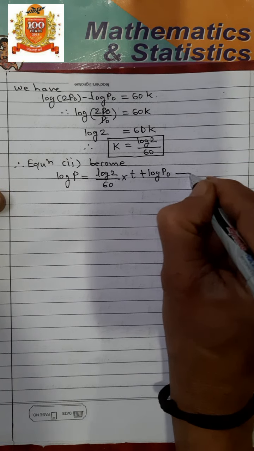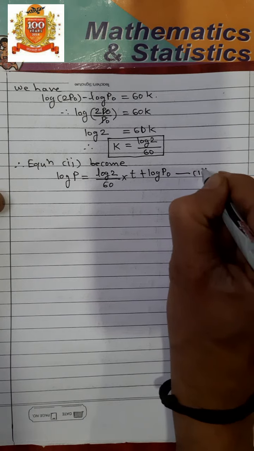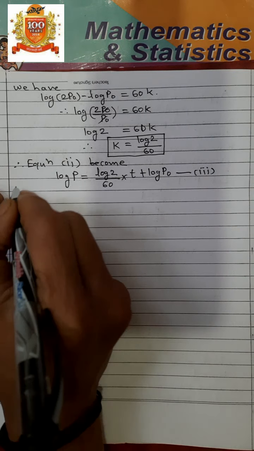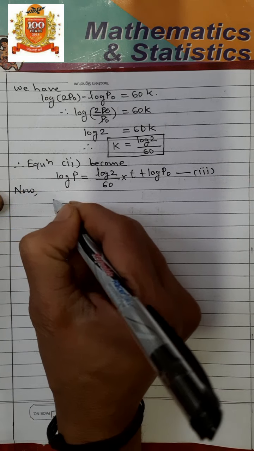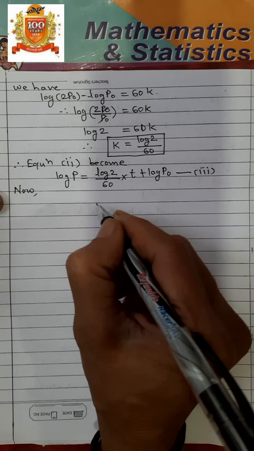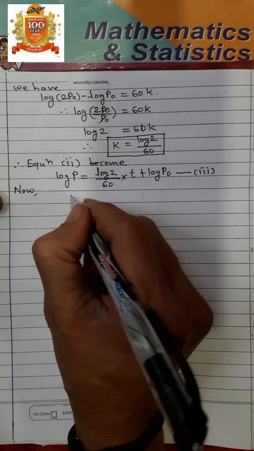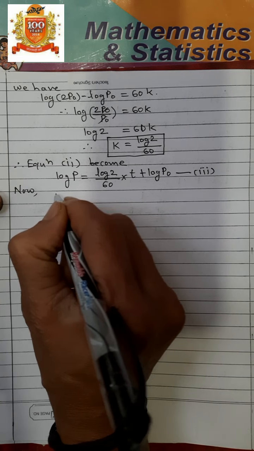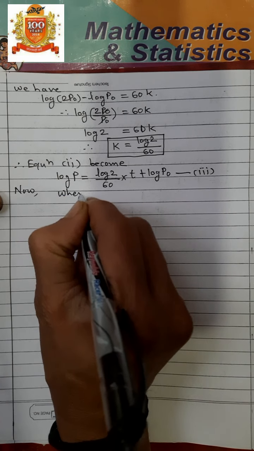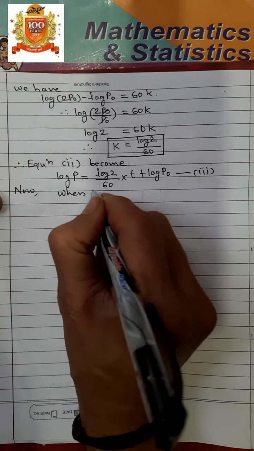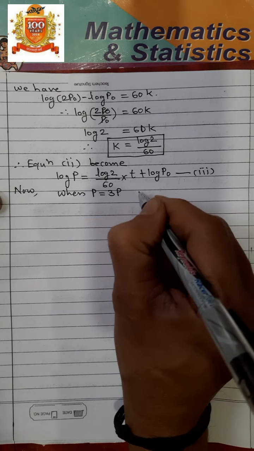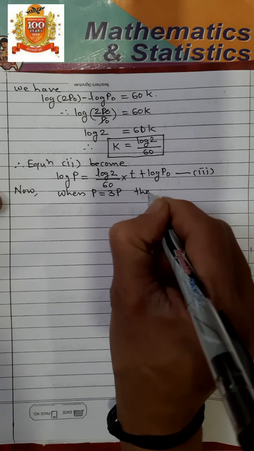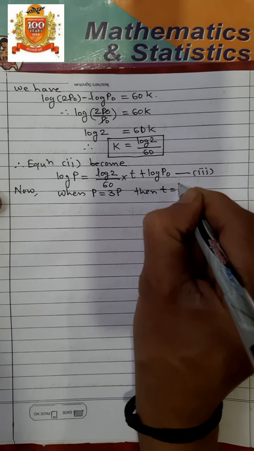Denote this equation as third. Now, when P is equal to 3P0, then t is equal to question mark.